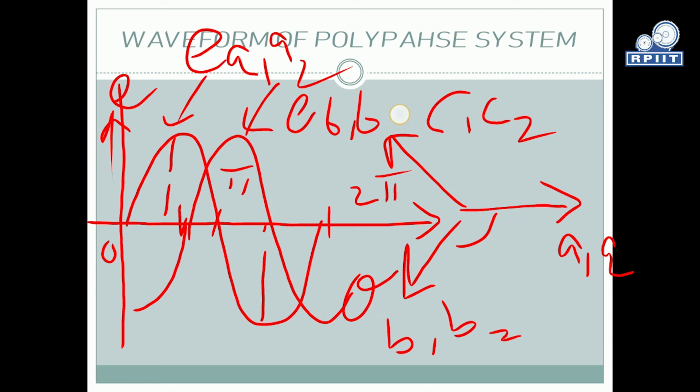Now this is the waveform for B1, B2, and the third one is the coil C1, C2, which is 120 degrees electrical behind phase B, or 240 degrees behind phase A1, A2.